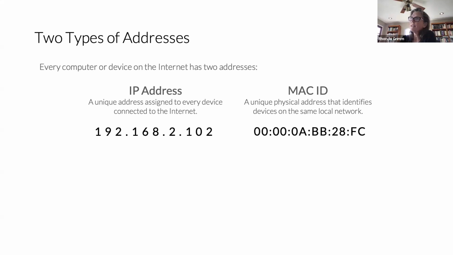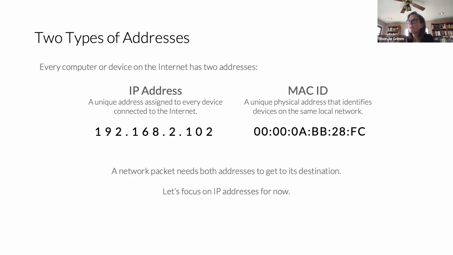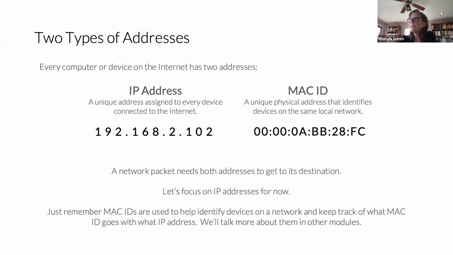It is issued by the manufacturer. Between the two, the packets get to where they're going. For this course, we're just going to focus on the IP address. Just remember that the router keeps track of the MAC IDs, and we will get into that in other modules.